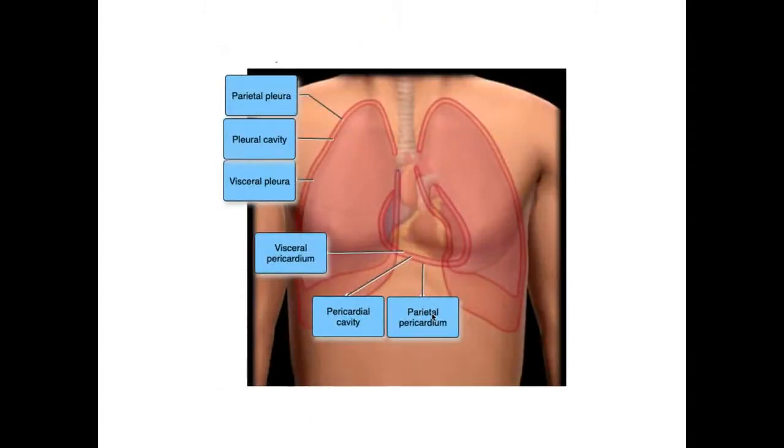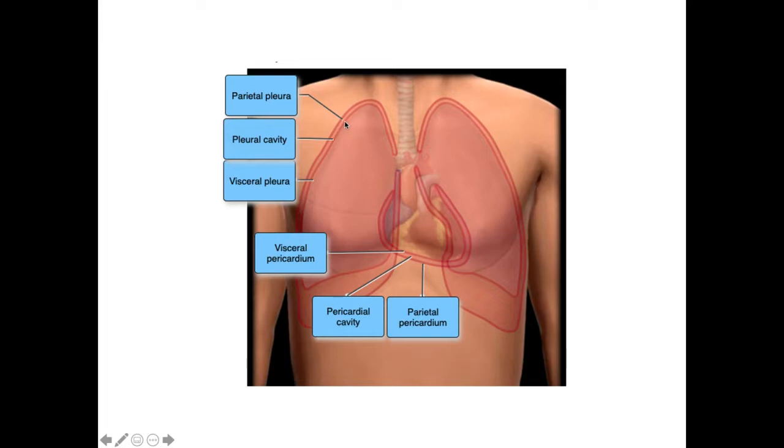Now I'm going to show you the cavities a little bit close up and a little bit more identified. I want you to see that we have the terms parietal and visceral: parietal pleura and visceral pleura. The parietal layer is the layer mostly on the outside of the organ, whereas the visceral pleura is the layer closer to the organ.